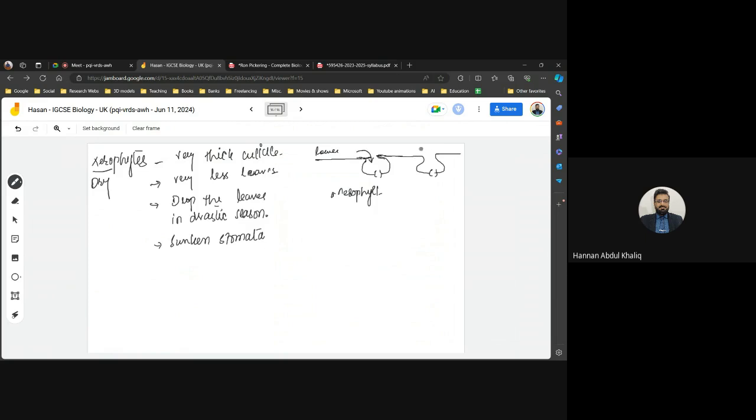So the carbon dioxide would be entering from here, but this region would have a lot of water vapors, and these water vapors would create humidity.